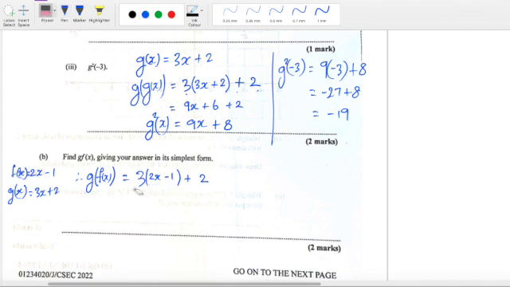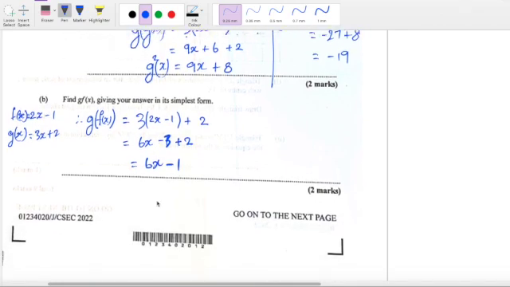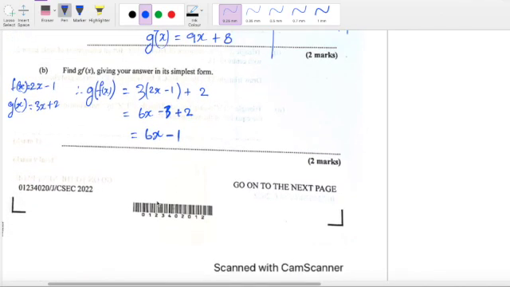So f of x is inside of the g of x function. 3 2s are 6x. 3 times minus 1 is minus 3 plus 2, so we get 6x, then minus 3 plus 2 is negative 1. Alright. And of course you could put, just to be safe, a final statement. Maybe you don't need to, but just to be safe.